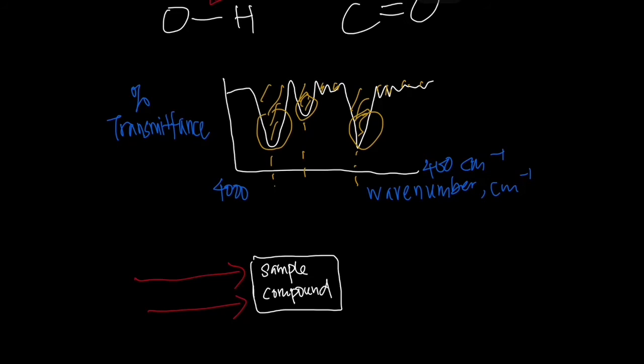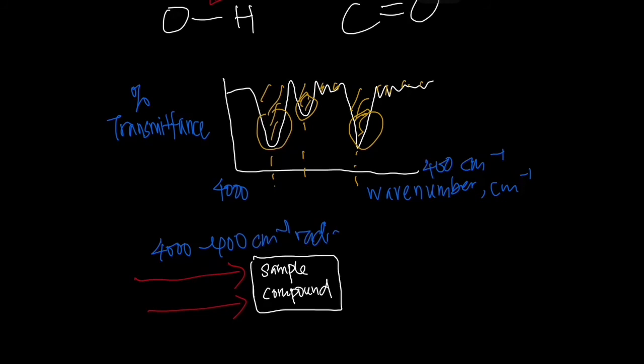As you can see here, the way that we label the x-axis is different from what you have learned in mathematics. The way that we label an IR spectrum: 4000 on the left, the big number on the left, and the small number on the right. We can set the instrument to screen the sample with 4000 to 400 cm-1 radiation.